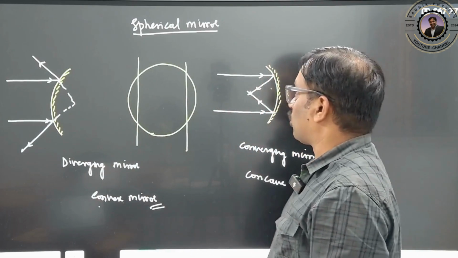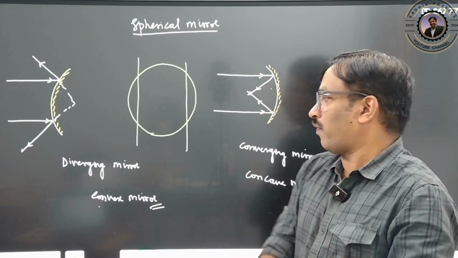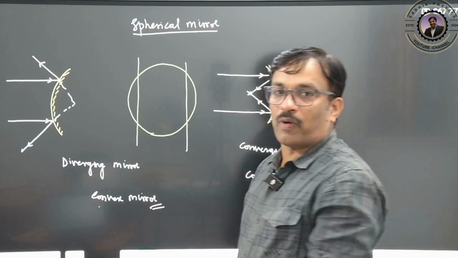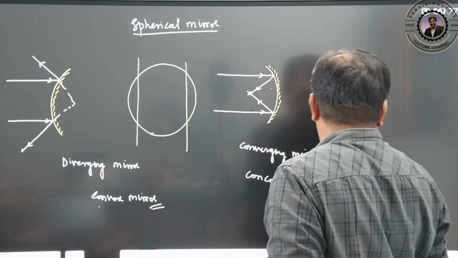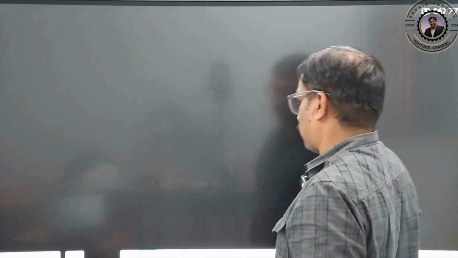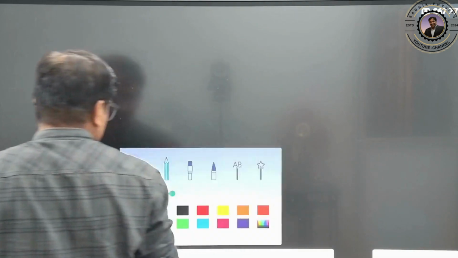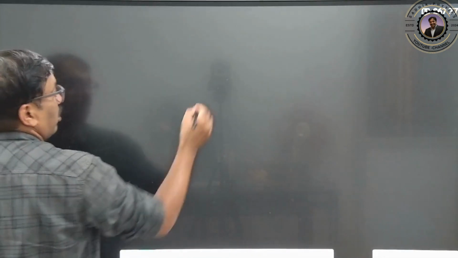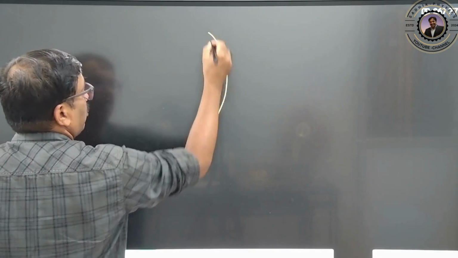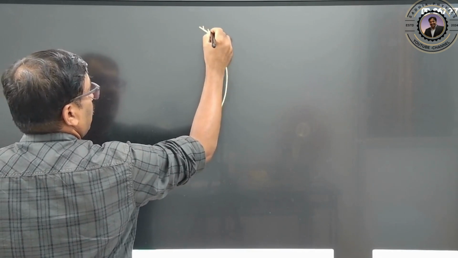To study these mirrors, we should know some related points. Let us take a concave mirror, with the silver coating on this side.